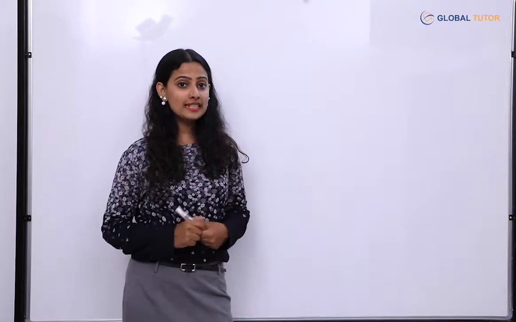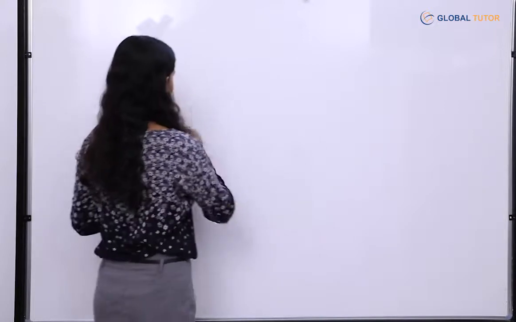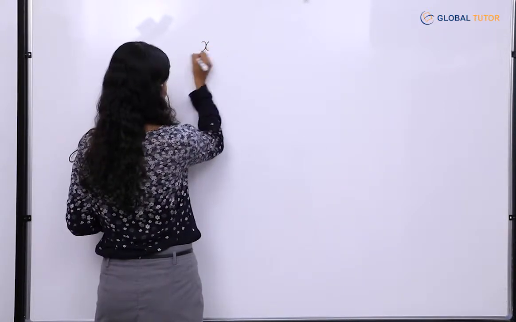What is the least number which when divided by the numbers 3, 5, 6, 8, 10 and 12 leaves in each case a remainder 2, but when divided by 13 leaves no remainder? What does it mean? There is a number, let's consider it as x.